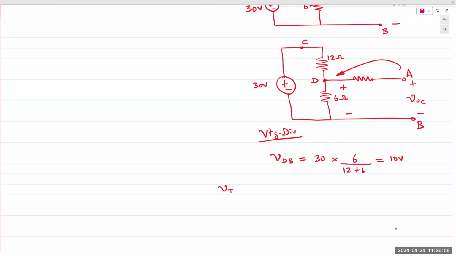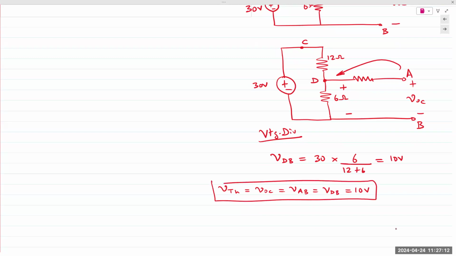My VTH is equal to VOC, which is equal to VAB, which is equal to VDB, which is equal to 10 volts. Write it down, think over it. Let me know if you have any questions.